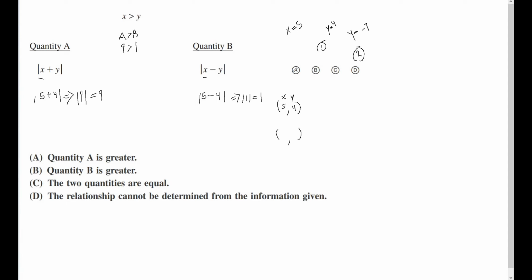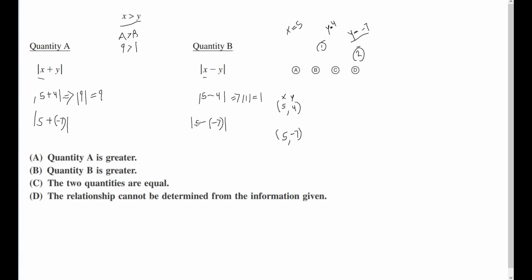Now let's try our second scenario, where y equals -7, so that is 5, -7. Again, we satisfy this inequality, and it's a different value for y. Now we get the absolute value of 5 plus a -7 this time, and the absolute value of 5 minus a -7 this time.